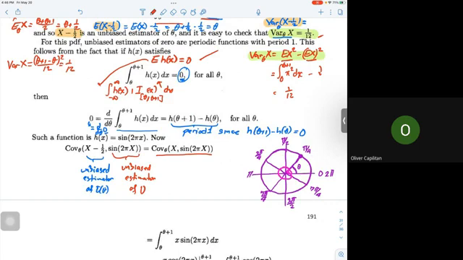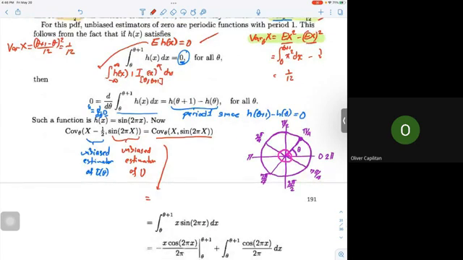Pero yung covariance ng x and sine of 2 pi x, by definition, is the expectation of x times sine 2 pi x, minus the mean of x times the mean of sine 2 pi x. Diba?